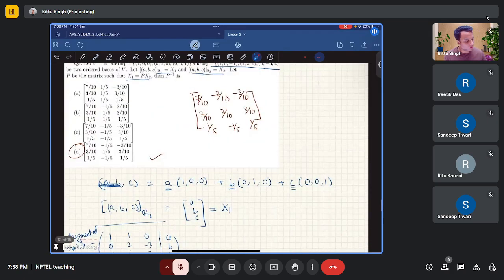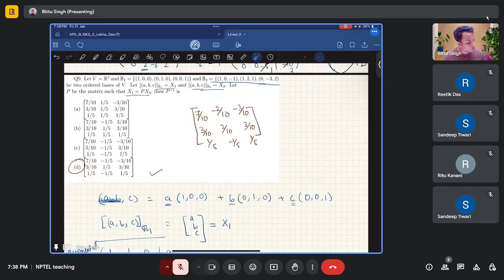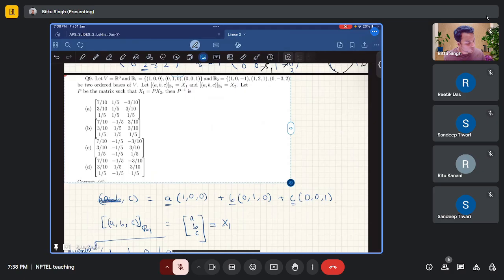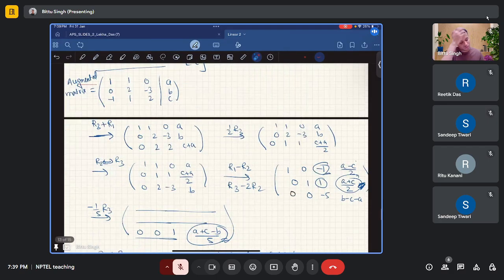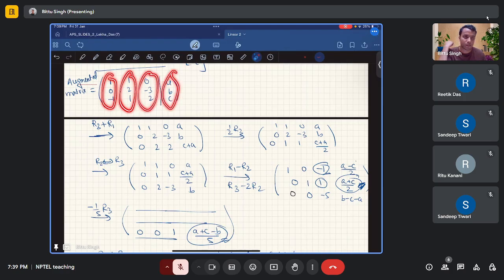Similarly, we are trying to represent this ABC as a linear combination of those basis elements. So I put those basis elements in columns, and I am putting ABC in the column. So we need to solve this equation.